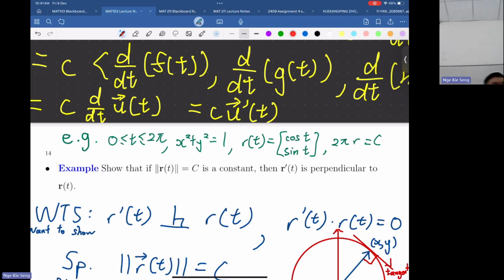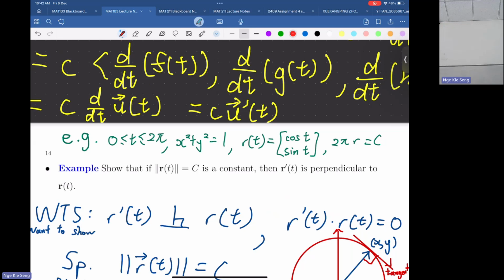Can you imagine this picture here? What does it mean for every point on your space curve to have the same length, and every tangent vector at this point to be perpendicular to your curve? What can you draw? You can draw a circle.